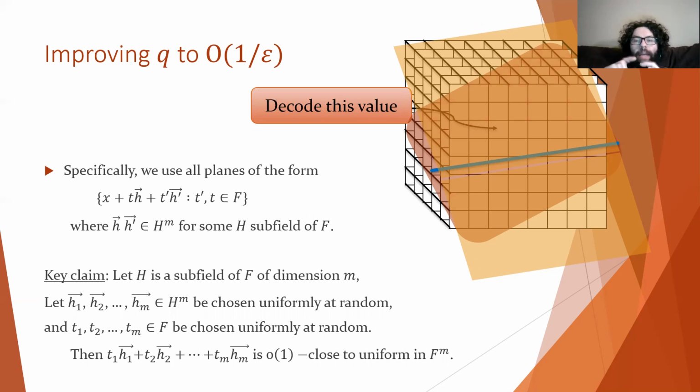And then we multiply them by these different random t's, where t is not a vector, right? t is a constant, t is a scalar. So when we take this entire sum, this becomes close to uniform. And it turns out that this is what we really need for our consistency test random walk using planes to work. So I will not say more about this, but this is somehow one of the key claims that goes into the new proof.